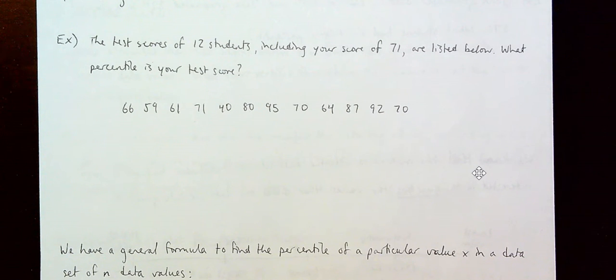And what I would recommend you do in this case, just like we did with finding the mean, the median, the mid-range, and the mode, is take your data and put it in increasing order, so that you can see how many pieces of data are truly less than yours.